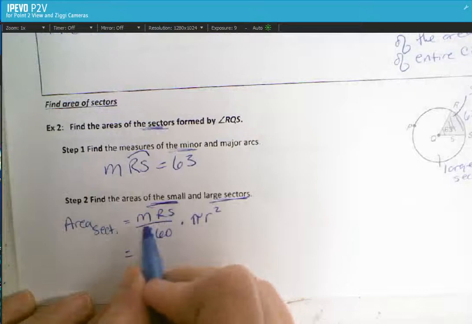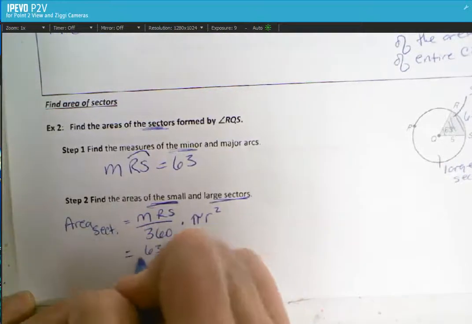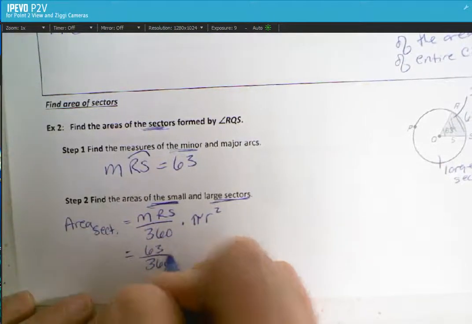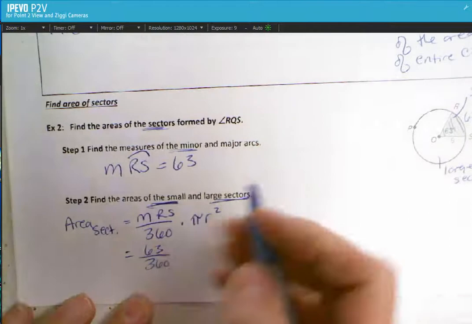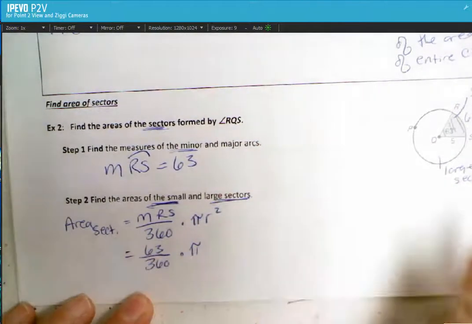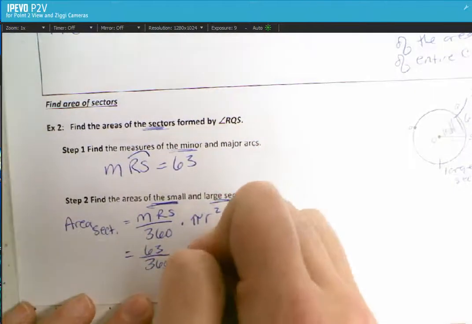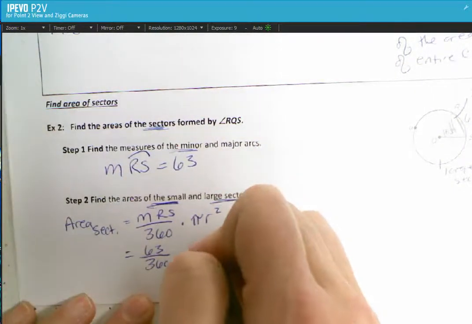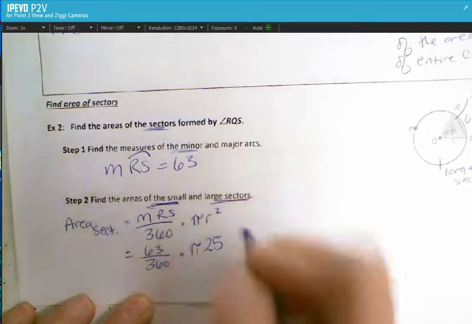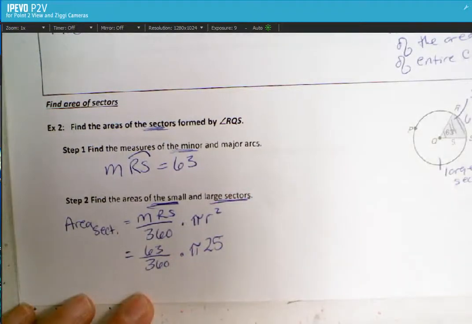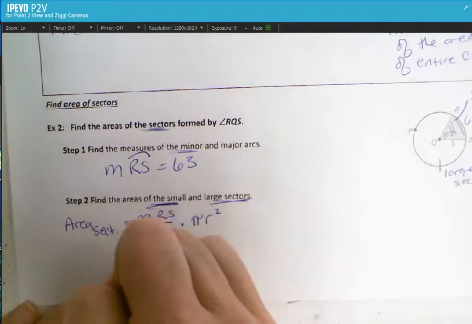Substituting in the pieces I know, the measure is 63 out of 360 times pi. They gave me the radius of 5, and we'll call that 25 because it's r squared. I need to multiply 63 times 25 and divide that by 360 to start simplifying this.